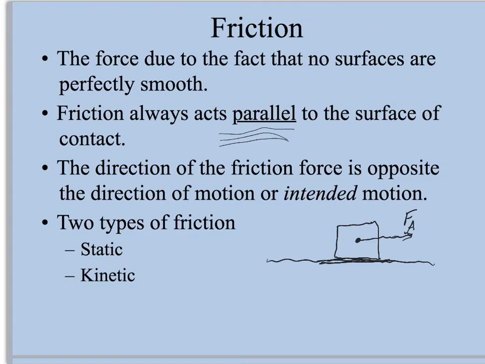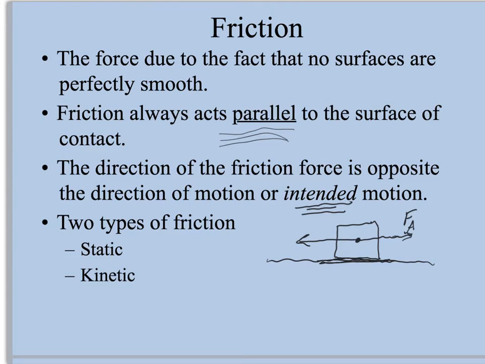And which way would we go? Well, the direction of the friction force always goes opposite the direction of motion or intended motion. So when we draw the friction vector, we're going to point it directly opposite the way the box is moving. And notice it says here intended motion.